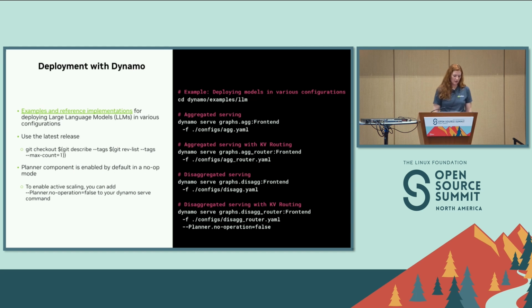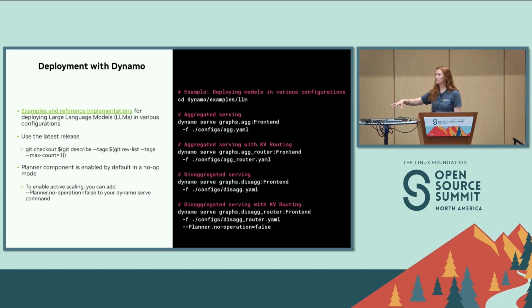Now, some of the examples. I provided the link on the presentation to the examples folder. Basically, we have a dedicated examples folder. There are multiple of them. This one focuses on LLM, and you can see that there are 5 instructions, but they're all different. To deploy your graph, you only need one instruction, dynamo serve, and then you provide an entry point to the graph, and you provide the config file.